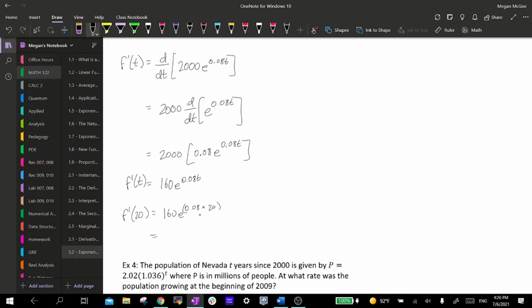And a calculator will tell us that this is 792. I'm not going to round the decimals. So 792. So we're supposed to interpret this. And we remember that the derivative is a rate of change. So the first thing we notice is that we ended up with a positive value.